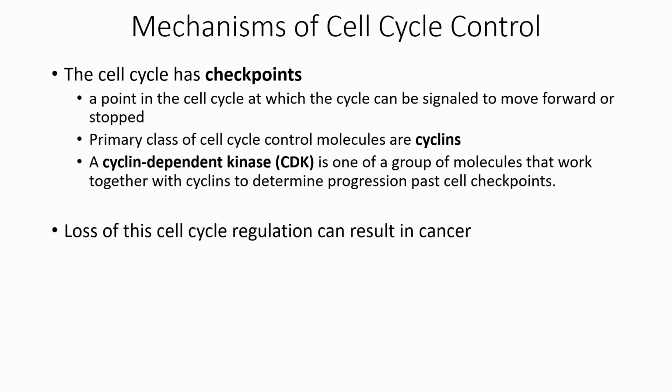So think of the cell cycle the same way: we are going through the cycle, and there are some places where we need to slow down or stop, and other places we can speed up. As long as we're following those rules, we can get to our destination safely. But if we lose control and we go too fast or we can't go forward, then we may end up with something like cancer.